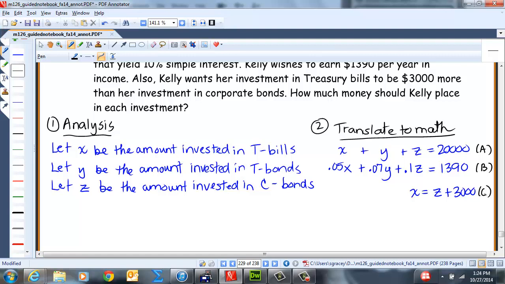So if I look at equation A, I have x, y, and z. I could plug in an expression for z into x, and then I'll be able to isolate y in terms of z. So that's the game plan. We want to get both x and y written in terms of z. So let's do it.